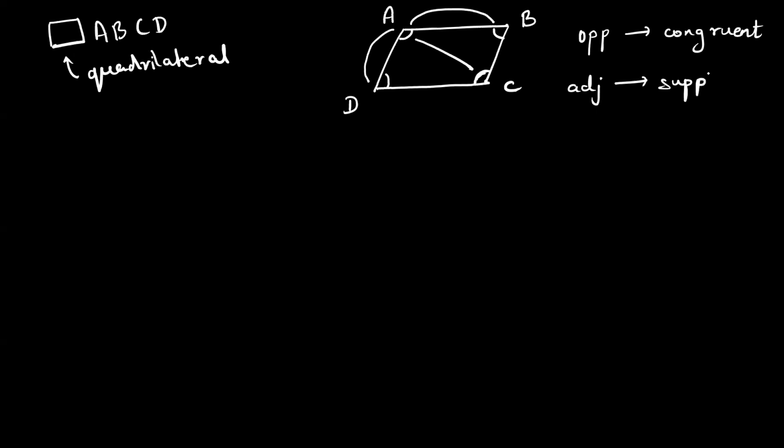Do you know the meaning of supplementary? Yes, sir. Both the measures, like angle A plus angle B is equal to 180 degrees. Correct. So these are the two things you should remember. Now tell me, angle A and angle B, are they congruent or supplementary?